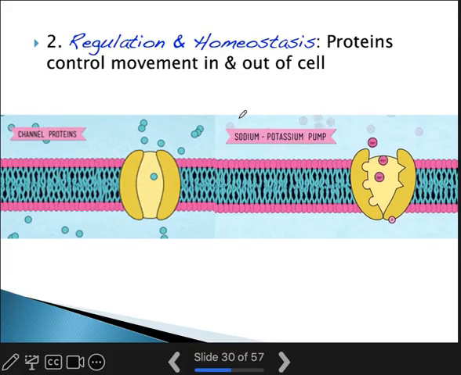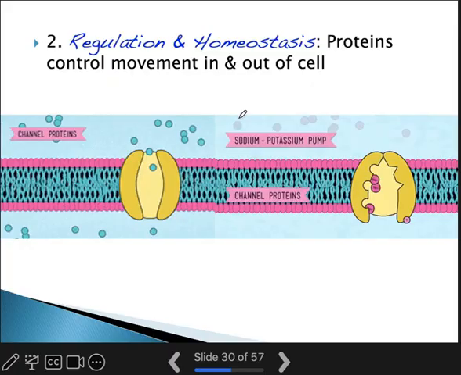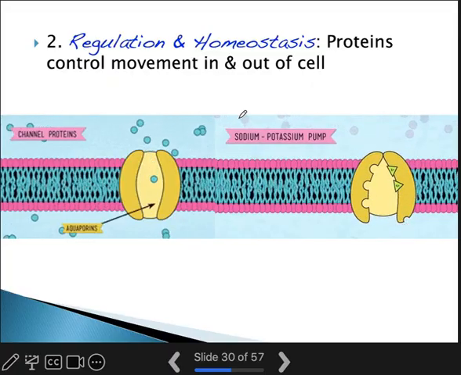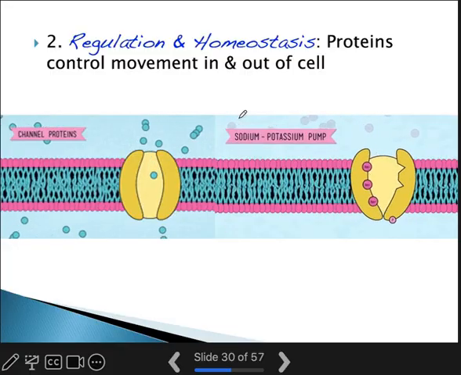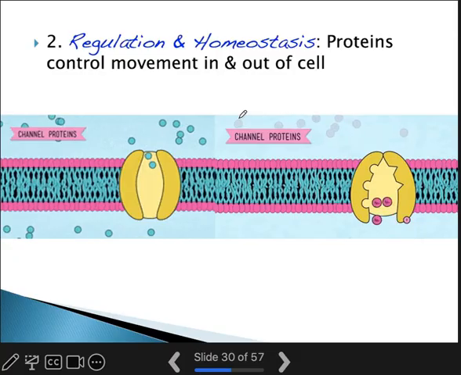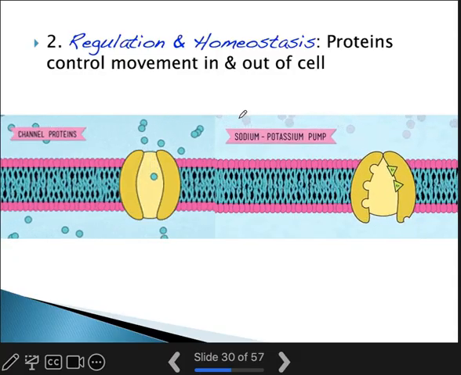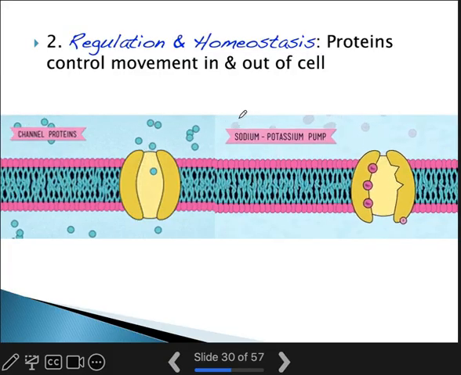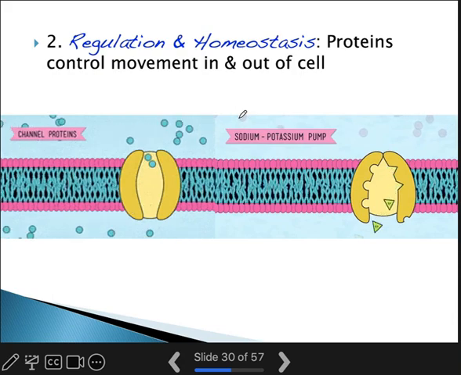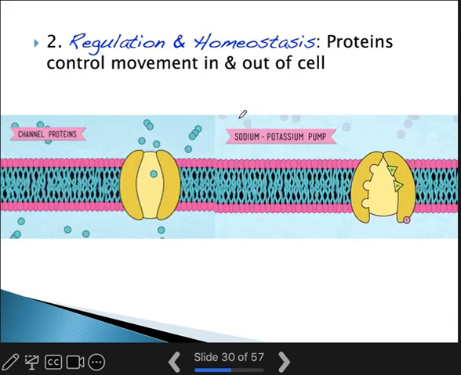In addition to that, we know that the membrane is going to be part of this regulation of homeostasis. Like I said, the membrane itself, because of the phospholipid structure, is semi-permeable. But if the cell wants something to move across it, it can actually achieve this regulation of what moves across by producing a variety of different protein channels. So depending on maybe if it wants to be positively charged inside the cell, it might make channels specifically for sodium to enter.